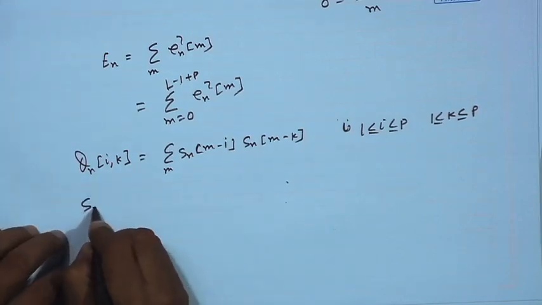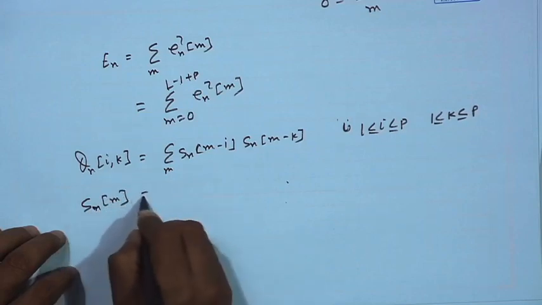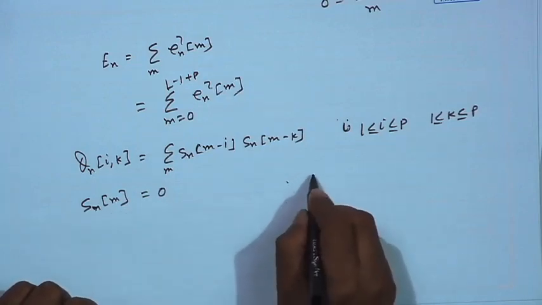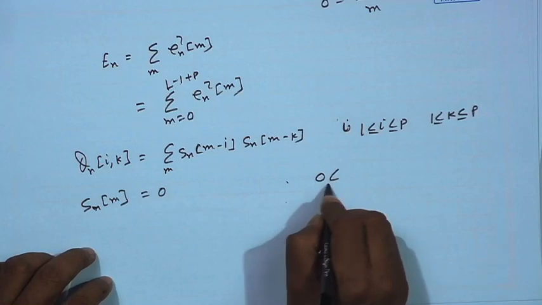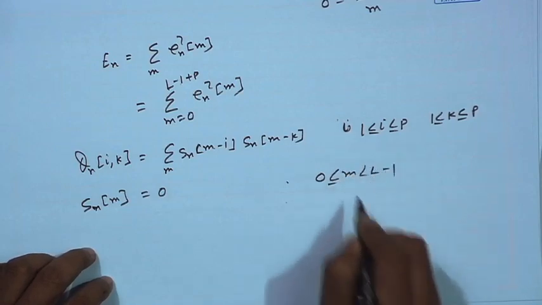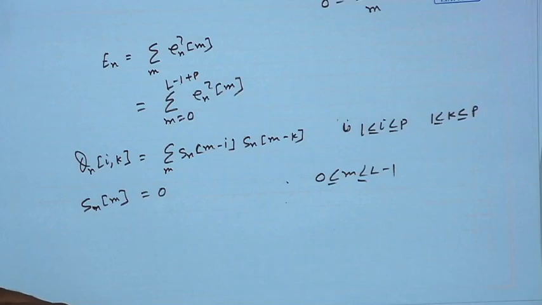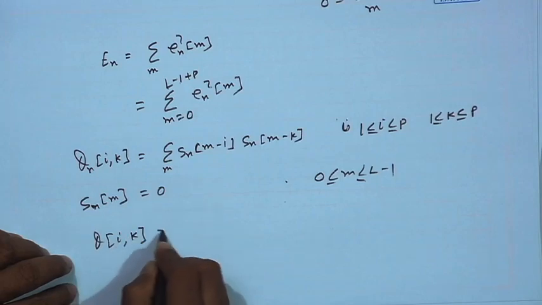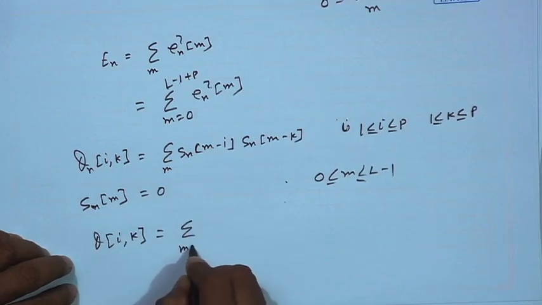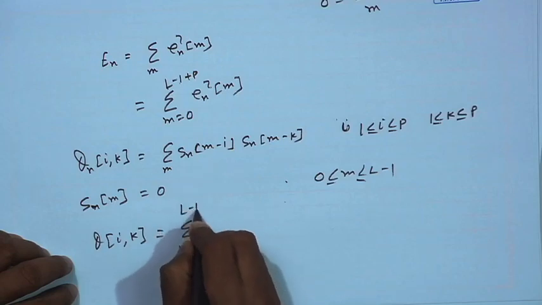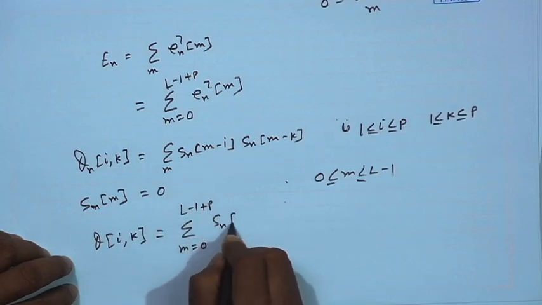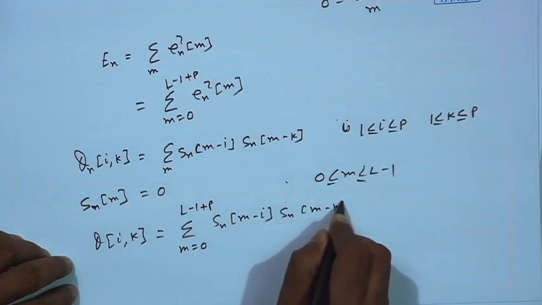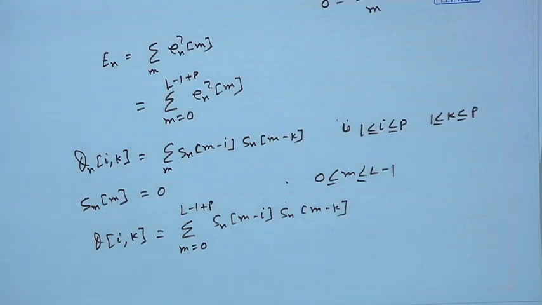So, now S n of m outside the window is equal to 0, which is only non-zero if m varies from 0 to L minus 1. So, I can say phi I k is the sum for m equal to 0 to L minus 1 plus p of S n of m minus I times S n of m minus k. Okay or not?